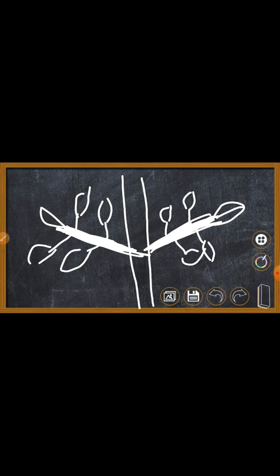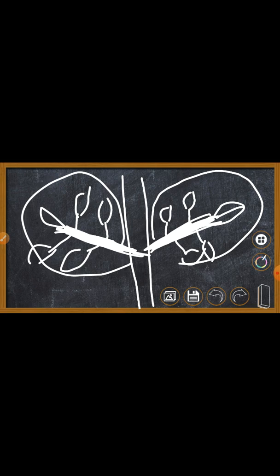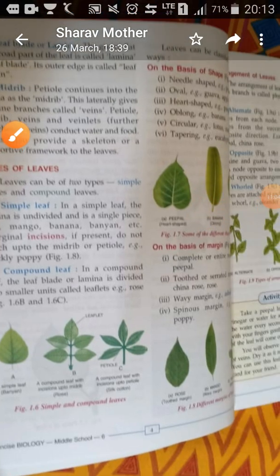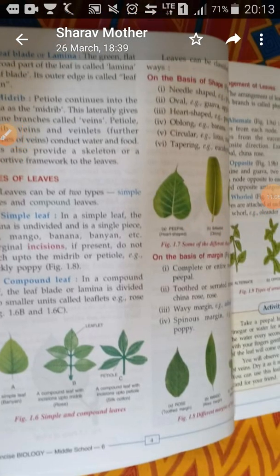And if it is green in color, then the whole thing is made of compound leaves. This portion I won't be able to explain because the picture is not clear over here, so I'll explain it next when we meet.